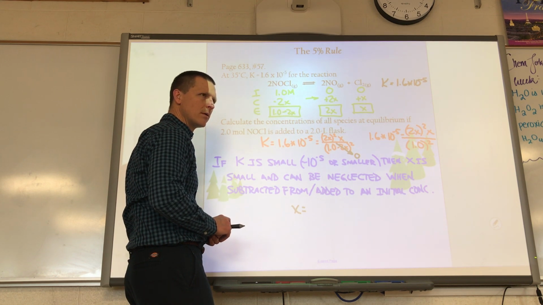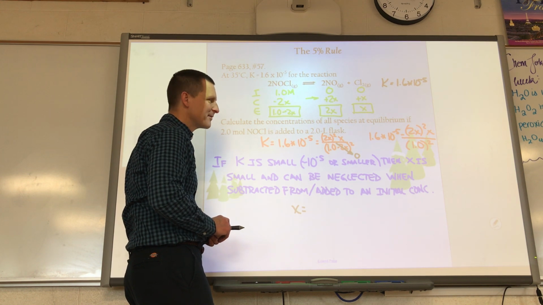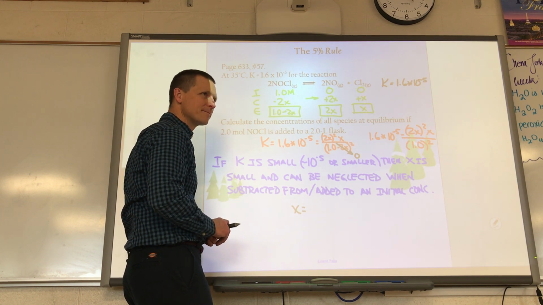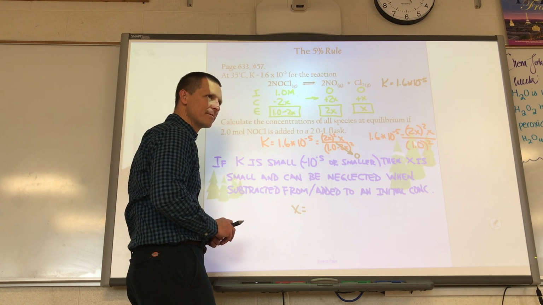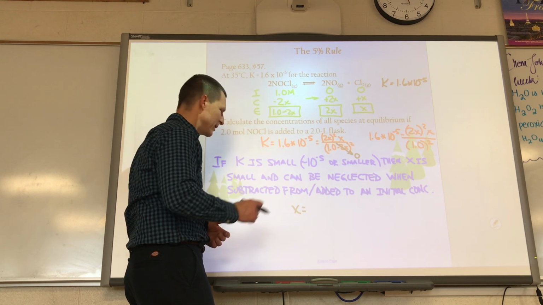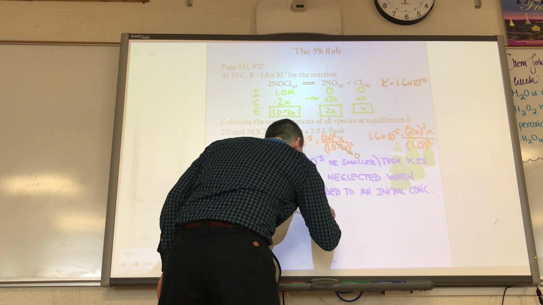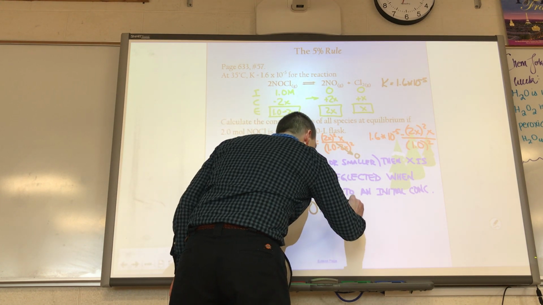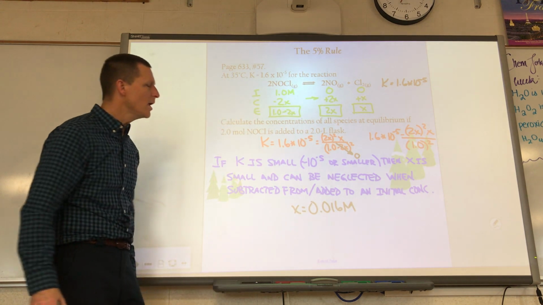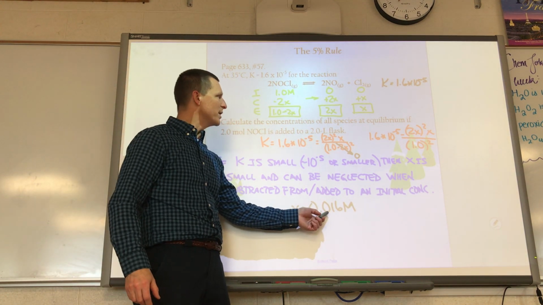Did you do it by 3? Oh, I got it. 0.015. That's better. The 5 rounds up to a 6, I think, doesn't it? So x ends up being 0.016 molarity.